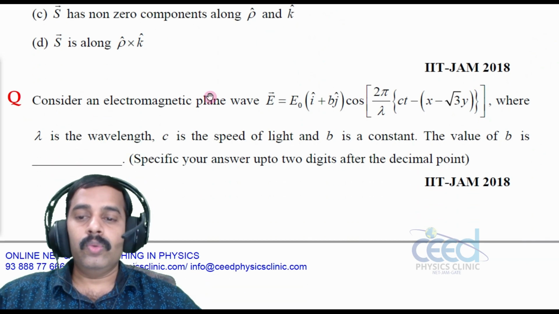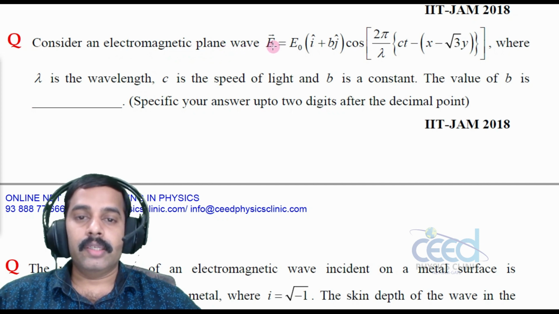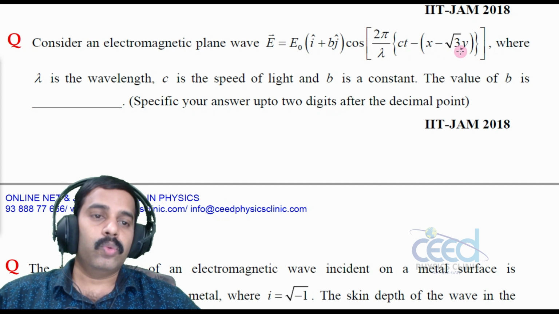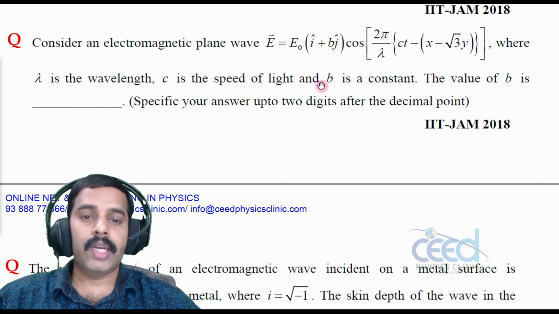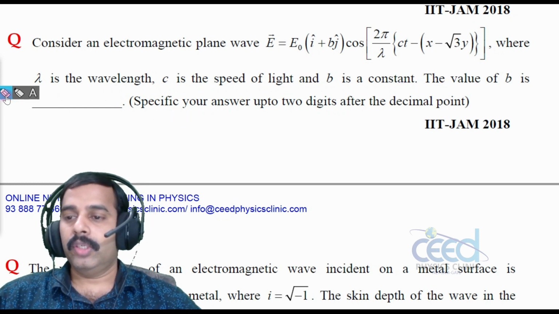Now let us come to another question. Consider electromagnetic plane wave E, that is E0 (i cap plus b j cap) cos 2 pi by lambda (Ct minus x minus root 3 y), where lambda is a wavelength, c is the speed of the light, and b is a constant. The value of b that we need to find.